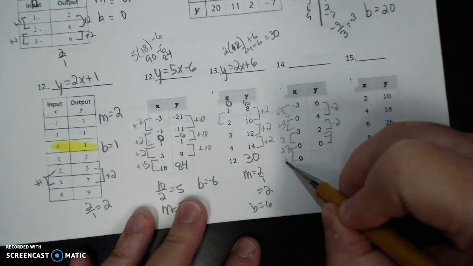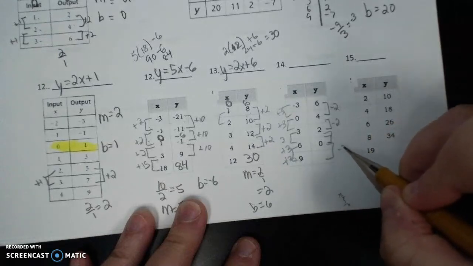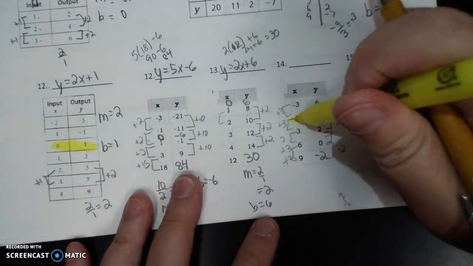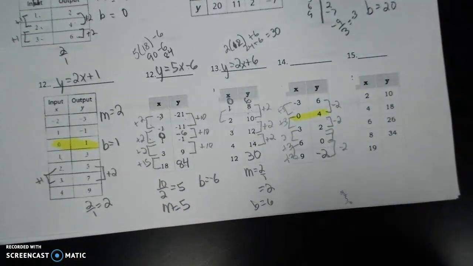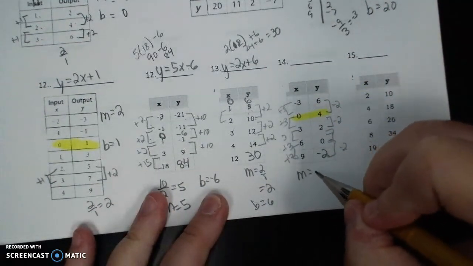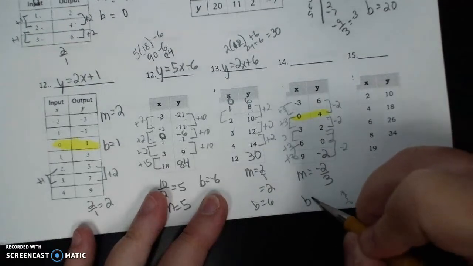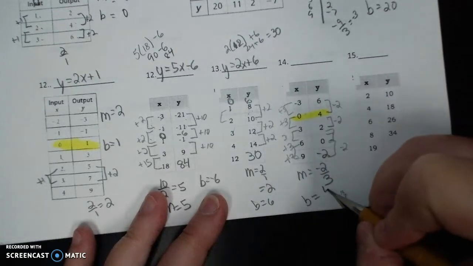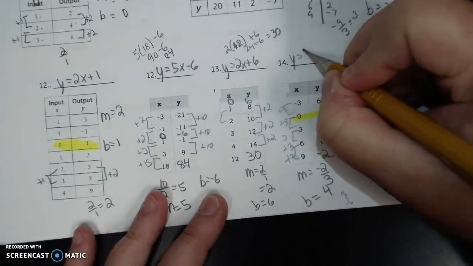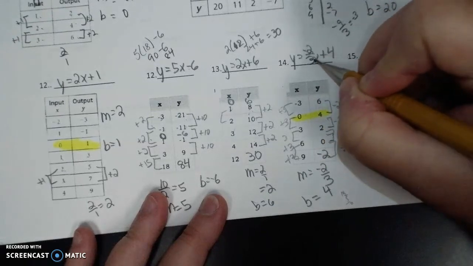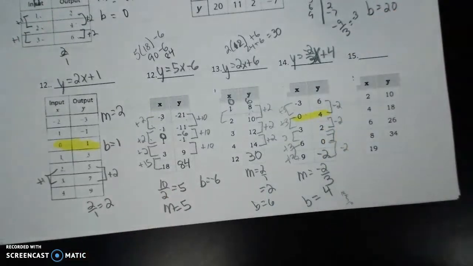If this is adding 3, this has to be subtracting 2, so that's -2. This is your y-intercept. So m equals -2 over 3, and b equals 4, so y equals -2/3 x plus 4.